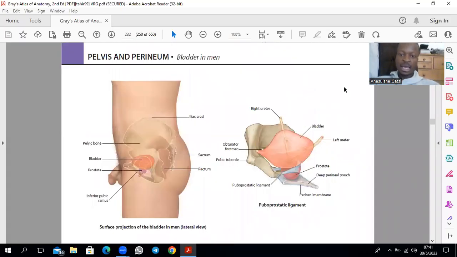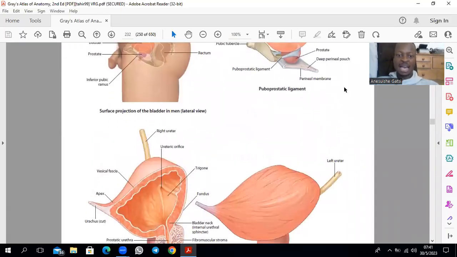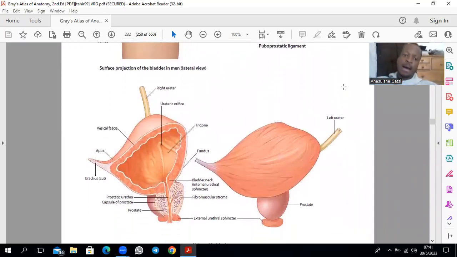Okay. Then for the bladder, I want you to know shape. Empty bladder versus a full bladder. Empty bladder being almost pyramidal in shape. Then a full bladder is conical in shape. Right. Then also remember that in children, due to the small pelvic cavity, the bladder in children is going to be an abdominal pelvic organ.